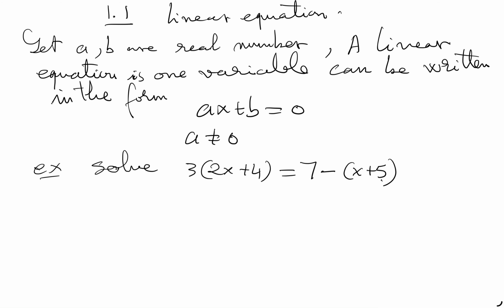So we have to distribute. 3 times 2x is 6x, and you multiply 3 by 4, which is 12, is equal to 7.